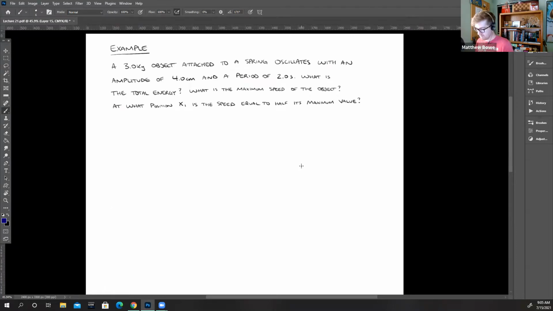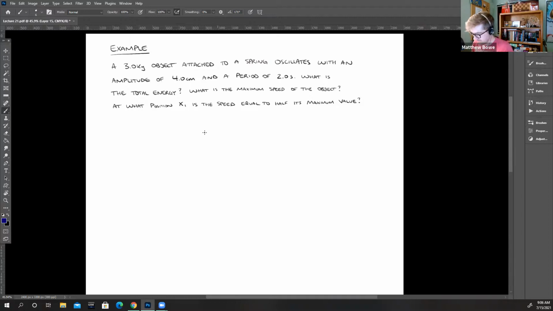So a 3-kilogram object is attached to a spring and it oscillates with an amplitude of 4 centimeters and a period of 2 seconds. What is the total energy? What is the maximum speed? And at what position x is the speed equal to half its maximum value?